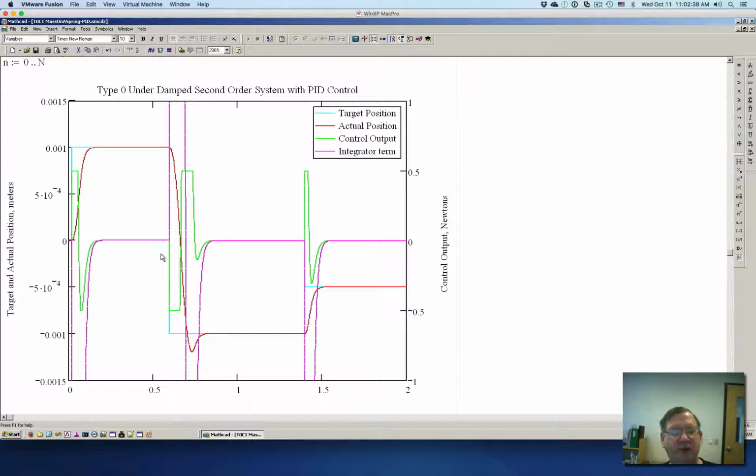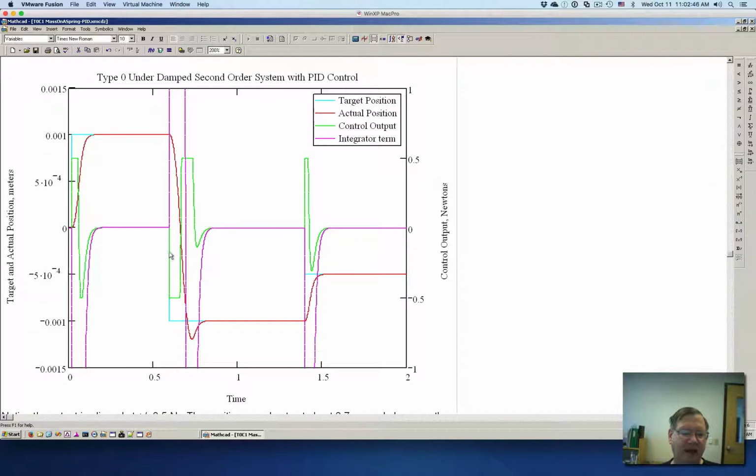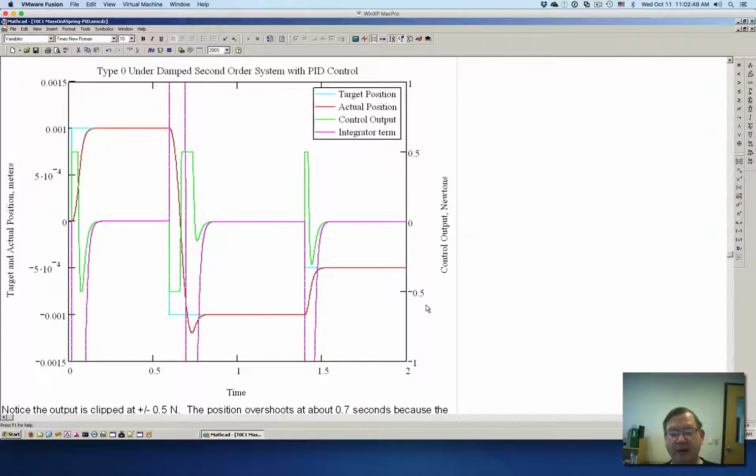And then the second move, I went to -1 meter, and I did this on purpose. You can see that it saturates at -0.5 newtons again, and it gets moving, but it's moving so much faster here that it needs to brake. And because we have a limitation of 0.5 newtons, it doesn't brake fast enough or hard enough, so it will overshoot.